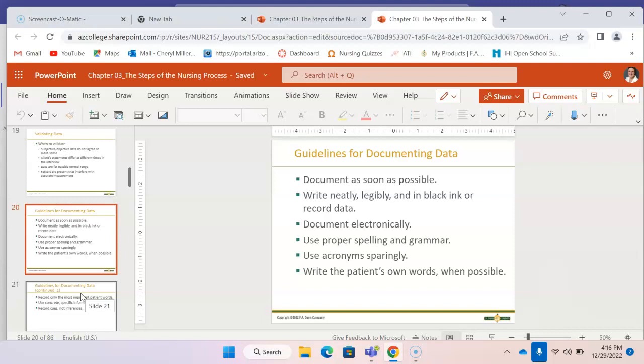This is why all along in nursing school we have been sticklers, especially me, on APA. What does it feel like if you can't even spell and you can't use appropriate grammar? I'm not going to necessarily trust your assessment if you can't spell correctly, okay?